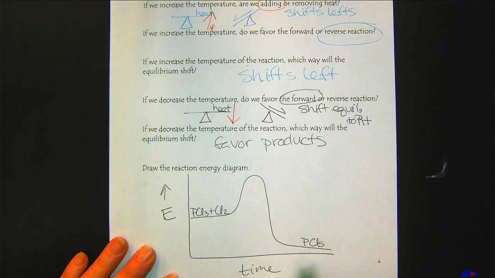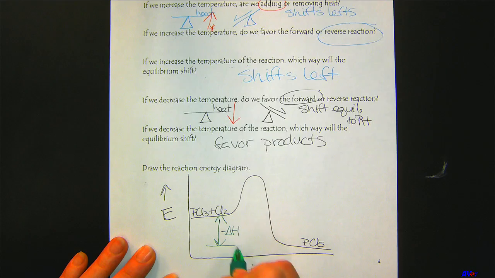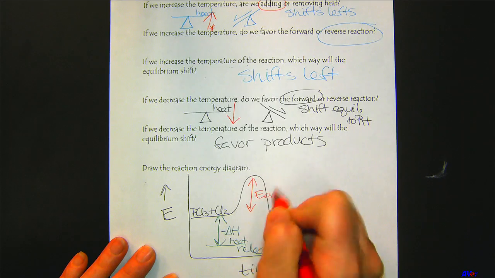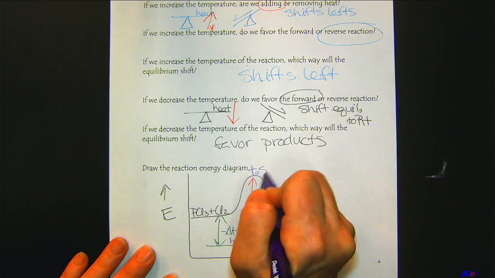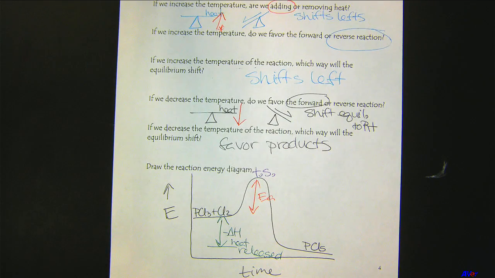And so then here's that heat released, the minus delta H, there's that heat released because it's exothermic. And then, of course, we would want to put in our activation energy and the transition state.